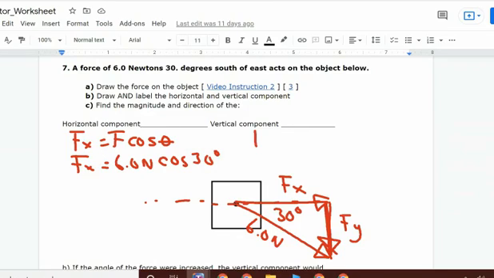And who knows the Fy? To get super accurate, that's sine, right? Substitute with units and check your picture. How close is your picture to the perfect answer? I imagine they're going to be really close, because I'm looking at some good pictures.